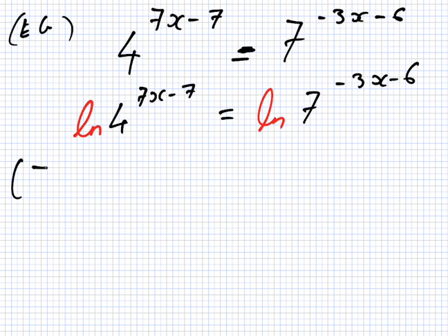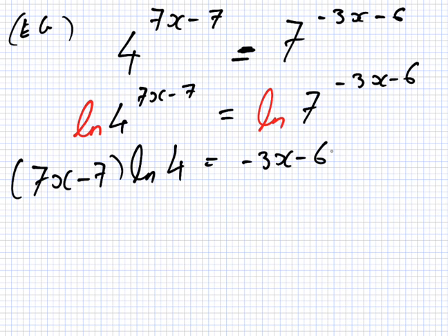So now I get (7x minus 7) log 4 equals (minus 3x minus 6) log 7. So the powers came down.